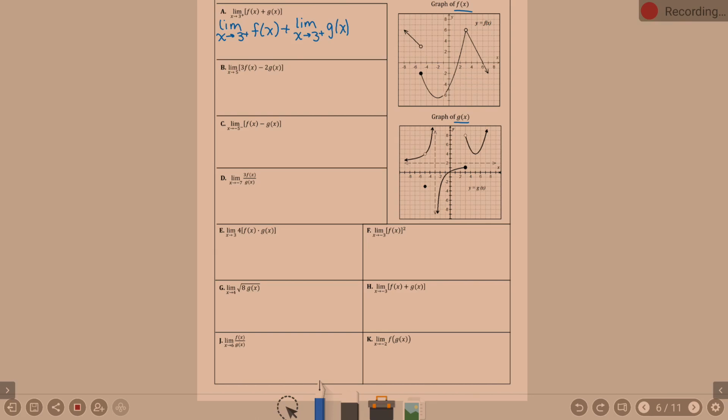The limit as x approaches 3 from the right of f is going to be 6, plus g of x, the limit as x approaches 3 from the right is 8, and 6 plus 8 is 14.